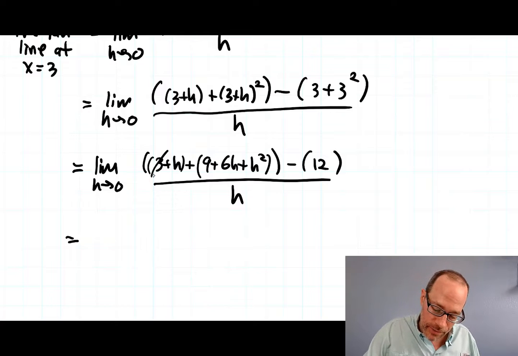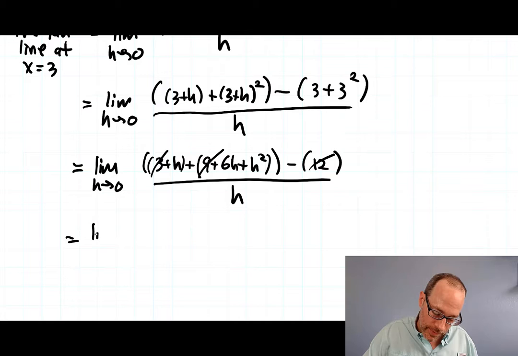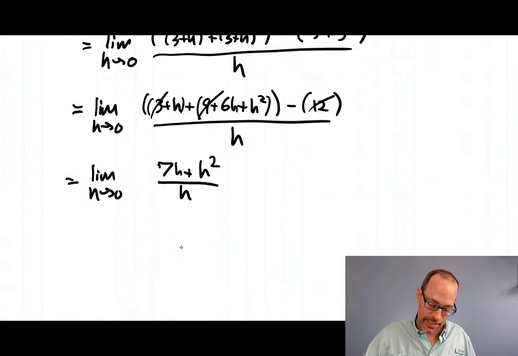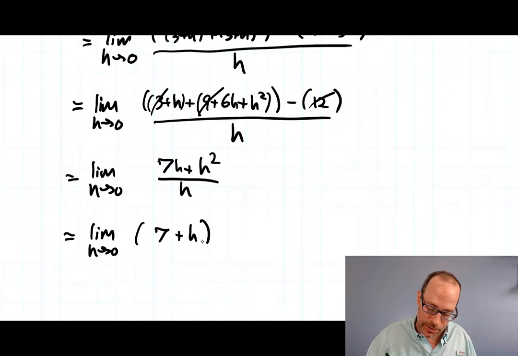Now, this 3 and 9 add up to a 12, so that'll cancel there. So we have 7 h's on the top and an h squared. Still can't see the answer, but I can divide out by the h there. So I'll just be left with 7 plus h.